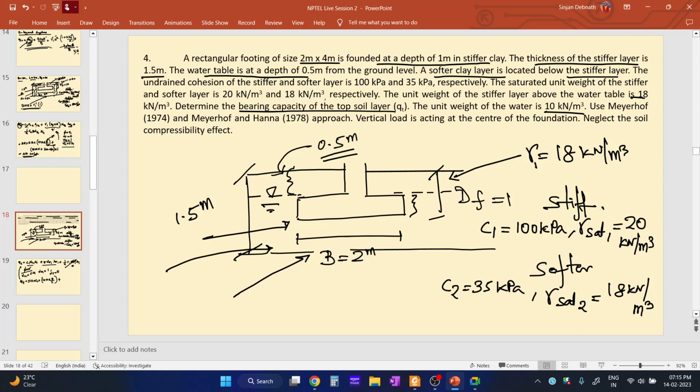What is this part? It is the thickness from the top of the groundwater table to the base of the foundation: Df minus the groundwater table depth. Df is equal to 1 and the groundwater table depth is 0.5. So if we subtract 0.5 from 1, we get 0.5 meter.